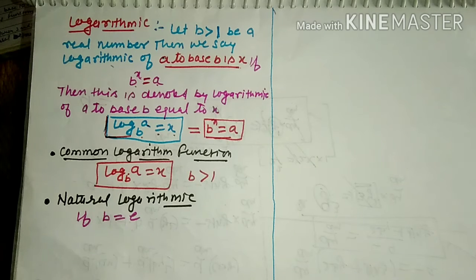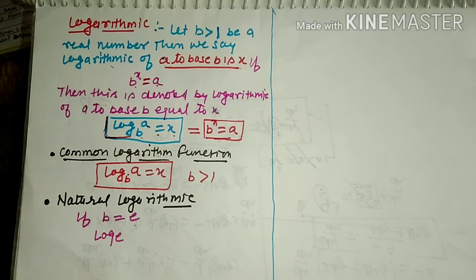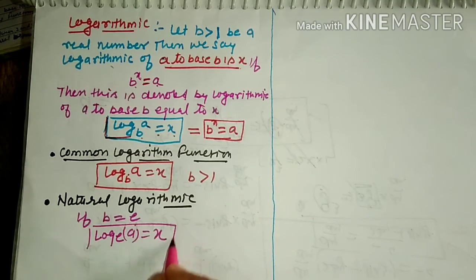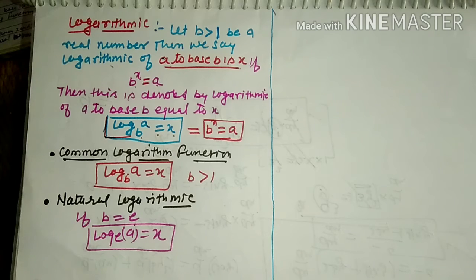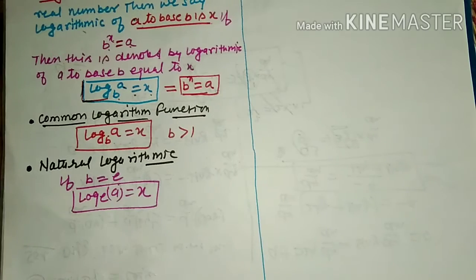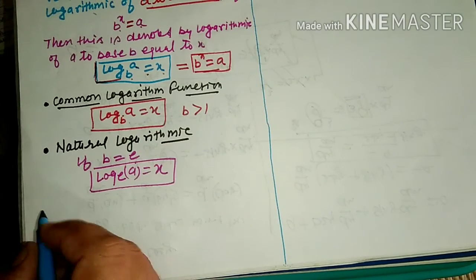Clear? So if we replace b with e, log base e of a is equal to x. So this is our natural logarithm. Clear? Okay, so how do we denote the log?